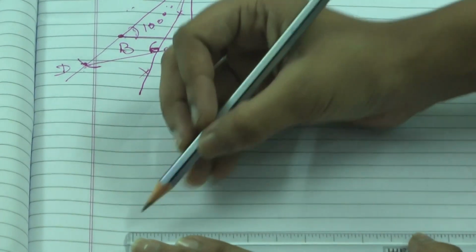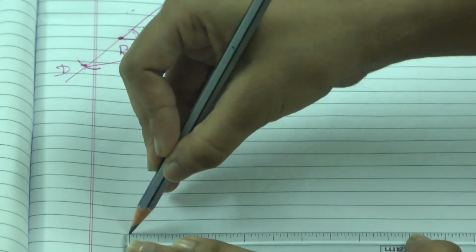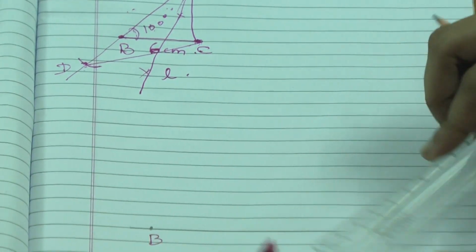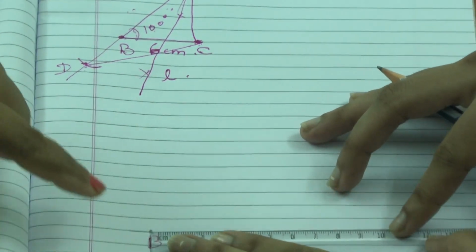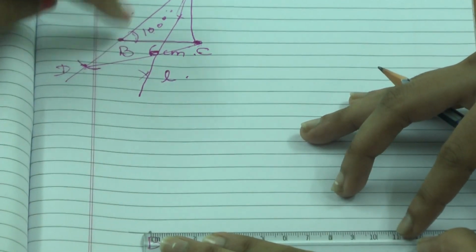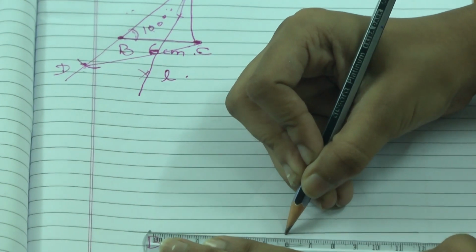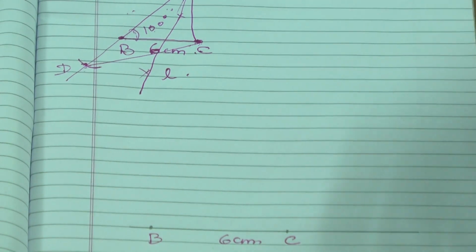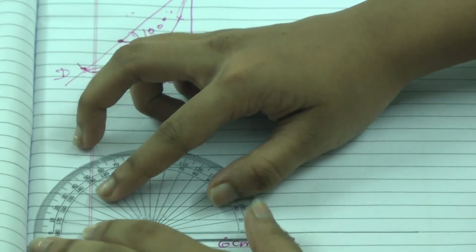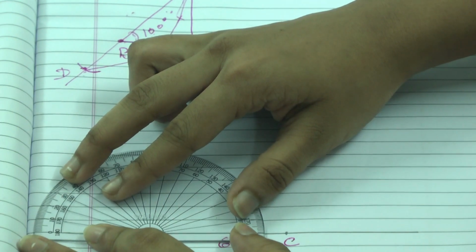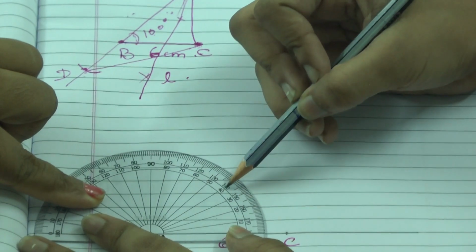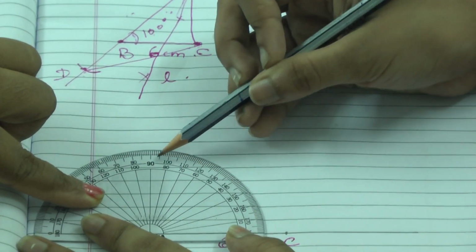BC, locate the point B, mark it B, and at 6 centimeter, mark the point C. Now take the protractor, keep it at point B, mark 100 degree: 10, 20, 30, 40, 50, 60, 70, 80, 90, 100.